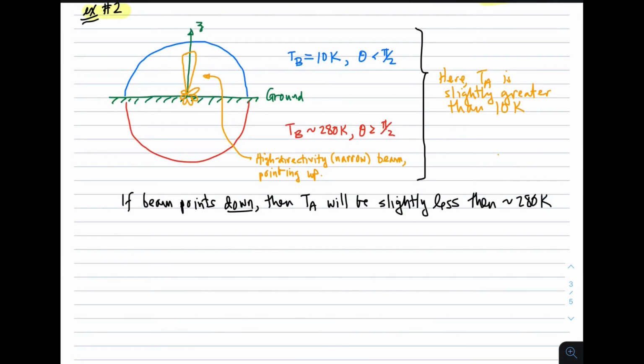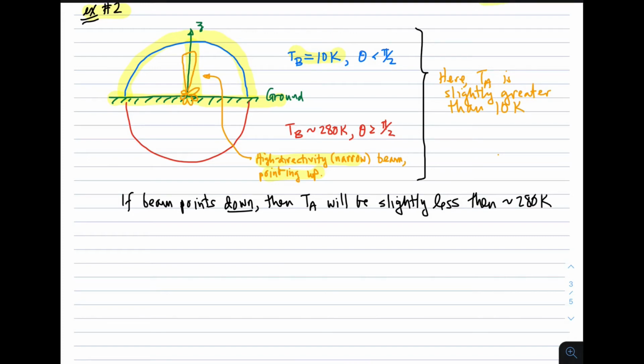Example number 2, slightly more realistic problem. In this problem, we have earth ground. We have an antenna close to the ground, which in this case is high directivity, has a narrow beam, and the beam's pointing up, so it's pointing towards the sky. And in this case, the sky has a uniform brightness temperature of 10 Kelvin, which could represent the sky at frequencies of gigahertz, tens of gigahertz, and so on.